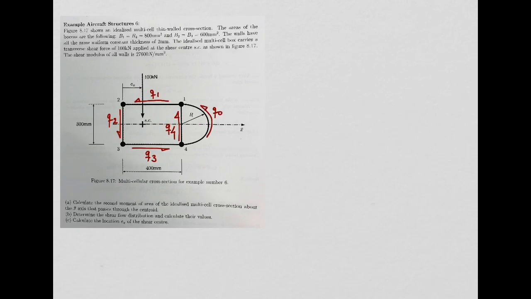As you remember from last week, in idealized structures, the second moment of area about this x bar axis that we have here, we just account for the booms, right? Because in idealized structures, we are assuming the skins have zero thickness.